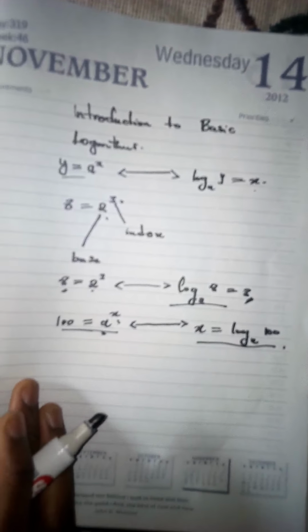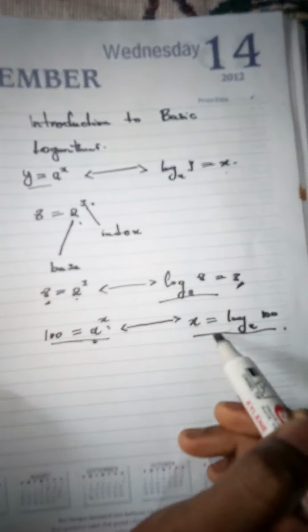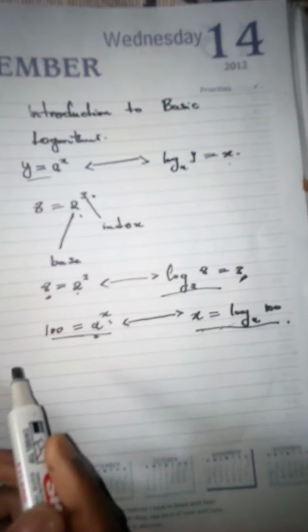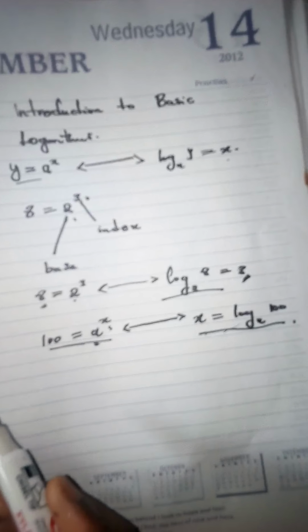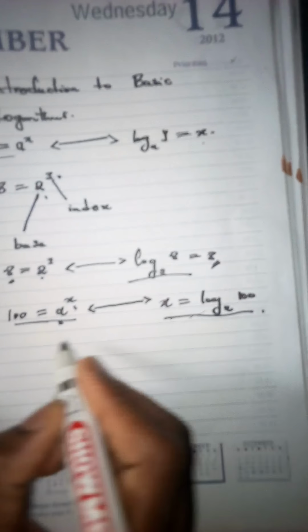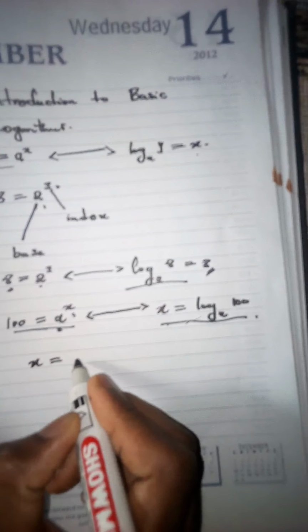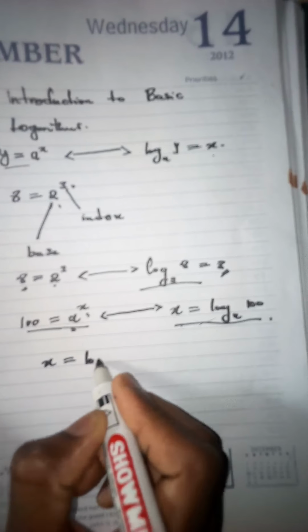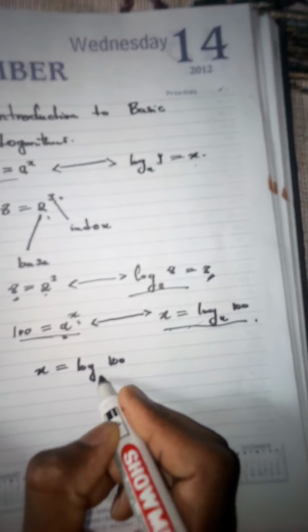We can also be asked to do the other way around, in which we have a logarithmic form and take it into an exponential form. Let's say we pick the same one: x is equal to the logarithm of 100 to the base a.